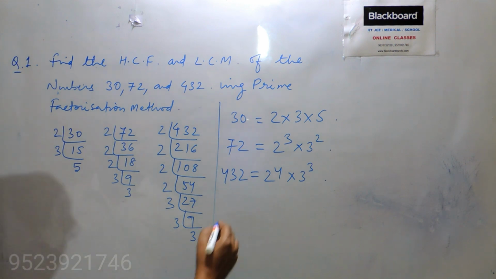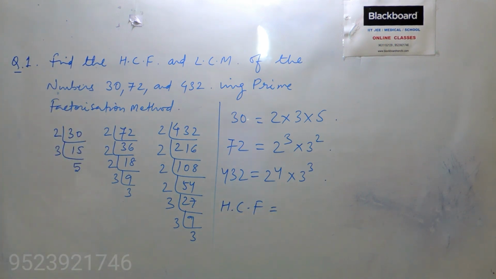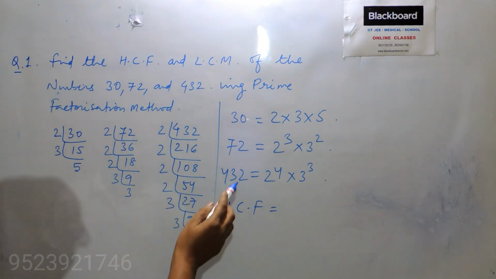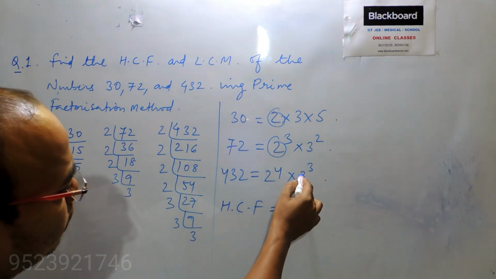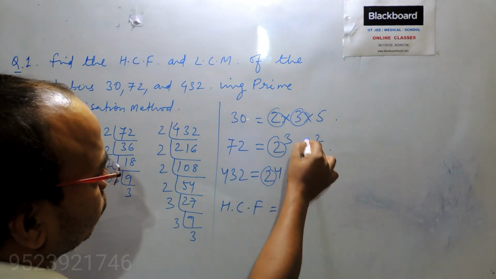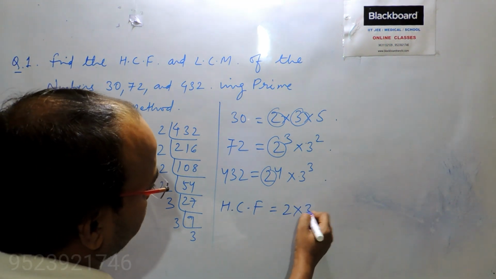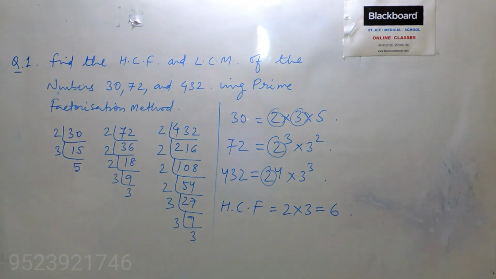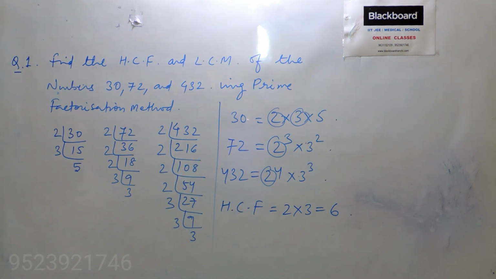Now your answer for HCF. So HCF will be the common factors. Which number is common? So here 2, 2 and 2, and 3, 3, 3. So now you can write here this is 2 into 3, that means your HCF of 30, 72 and 432 is 6.